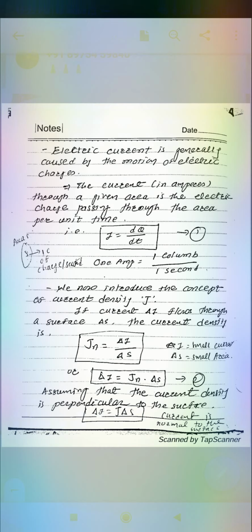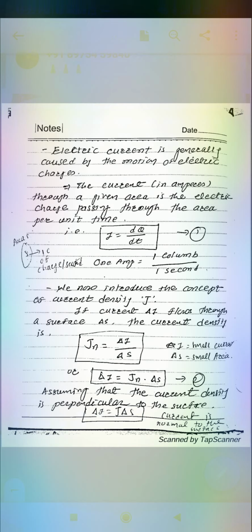If current is represented as I, Q is the representation for charge and T is the representation for time, then I is equal to dq by dt. What is the meaning of it?